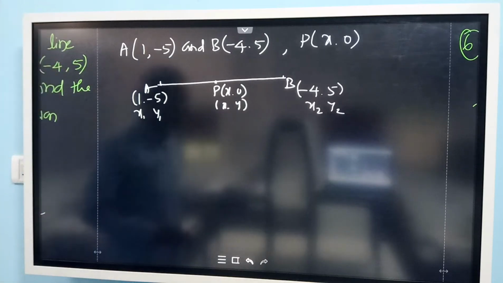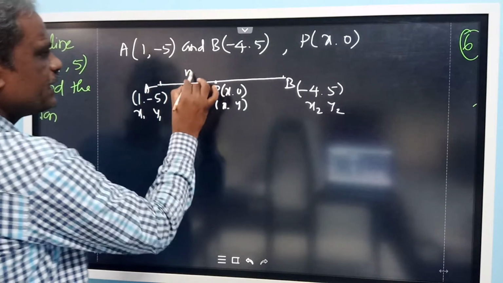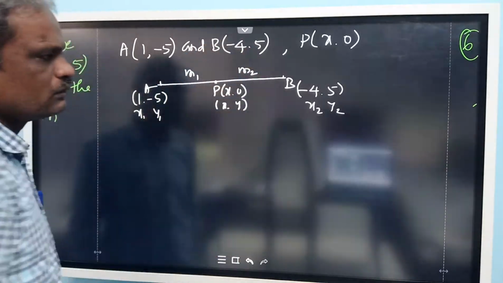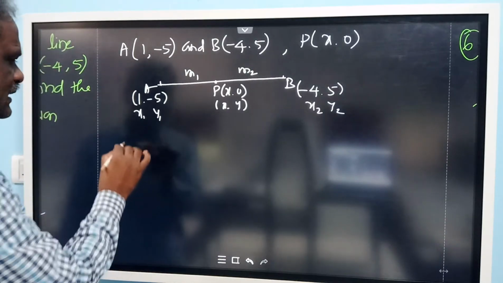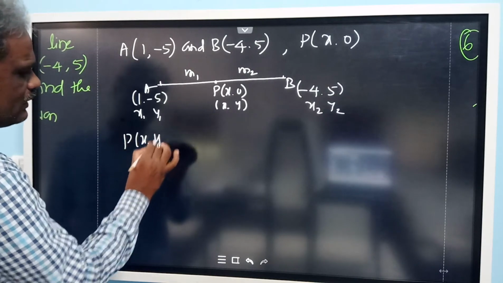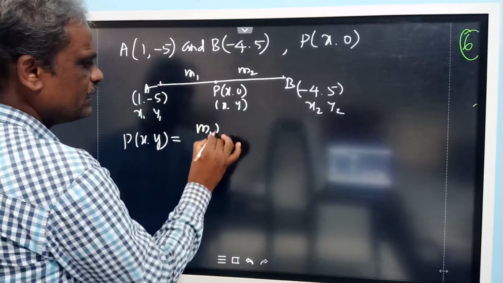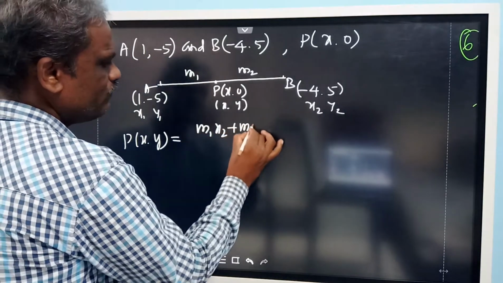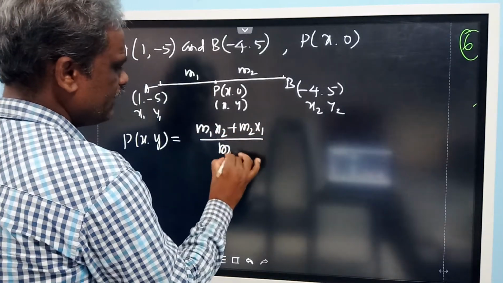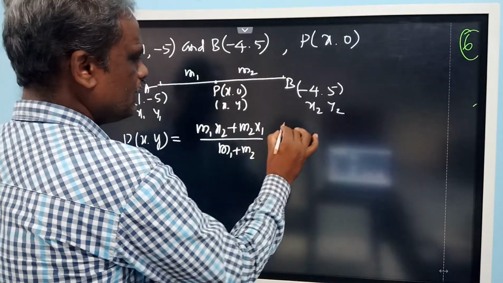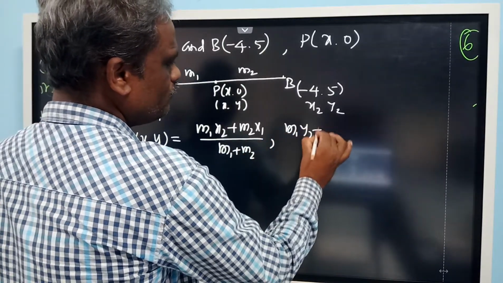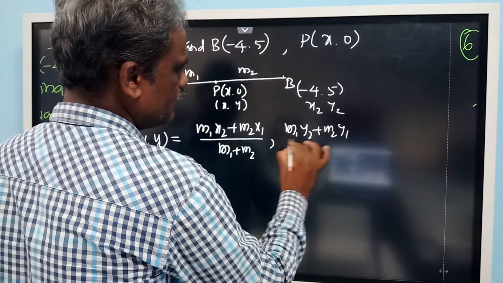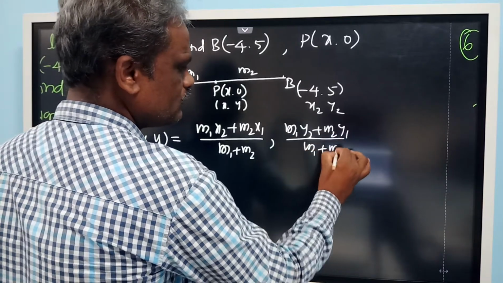You can use the section formula now. Here m1 and m2 are not known. The section formula gives P(x, y) equal to (m1 x2 plus m2 x1) divided by (m1 plus m2), or (m1 y2 plus m2 y1) divided by (m1 plus m2).